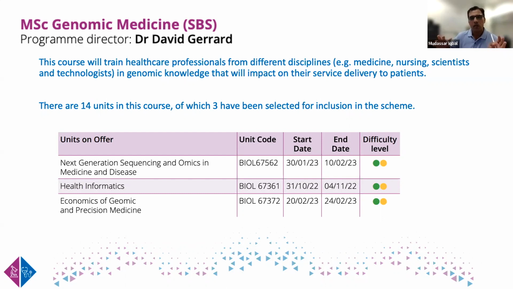So the main focus is the genotyping and genomic variations, all types of genomic variations, but for the other omics, there are lectures, there are sessions, but it's not the main focus of the course.